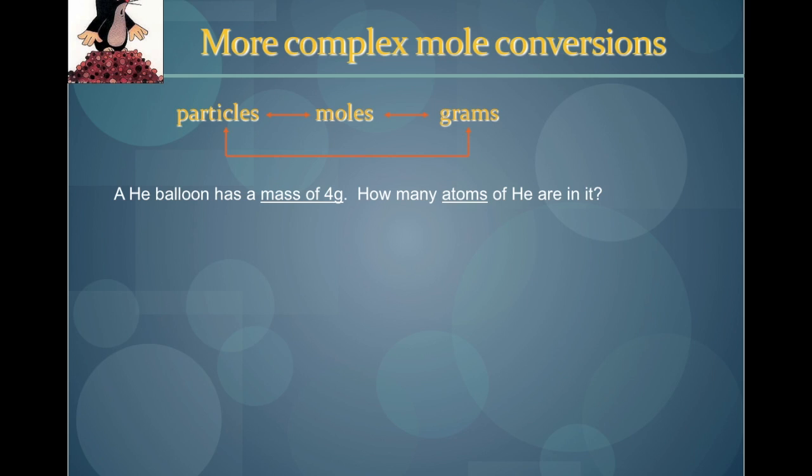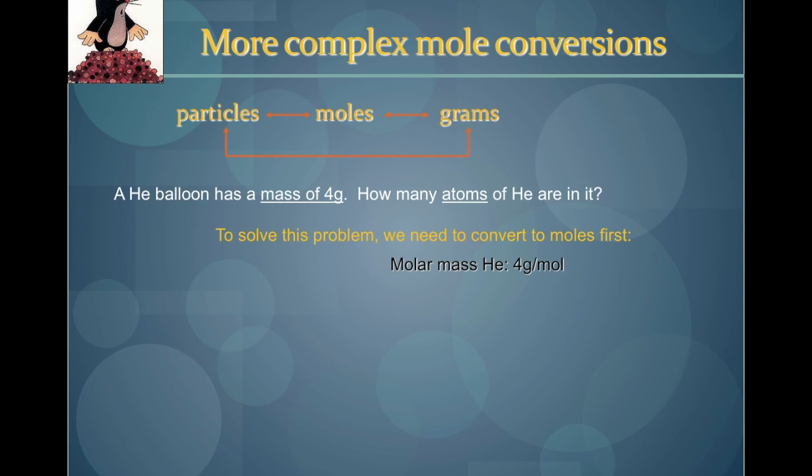So the first thing we need to do, we can't actually convert straight from grams to atoms. We have to convert to moles first, because essentially the mass depends on the mass of the helium atom, and the mole tells us what that is. It tells us the molar mass. So the molar mass of helium is 4 grams per mole.